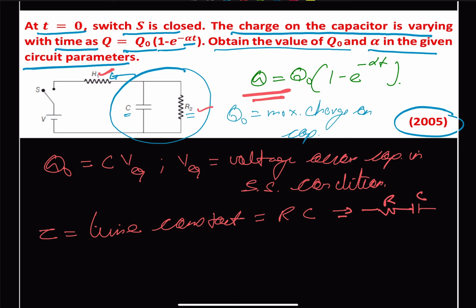Therefore we can generalize the time constant formula using R equivalent. We'll derive later what our R equivalent will be. And we can simply make a comparison and say that our value of alpha will be equal to 1 upon the time constant.